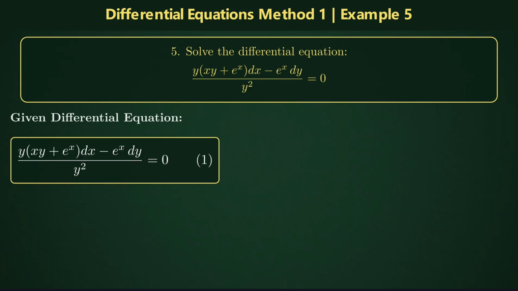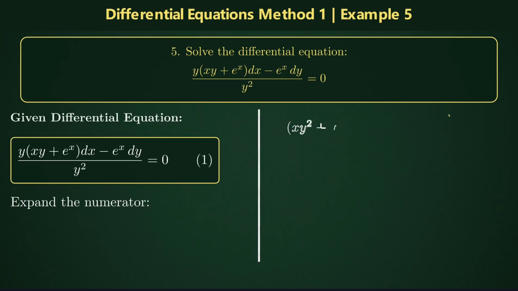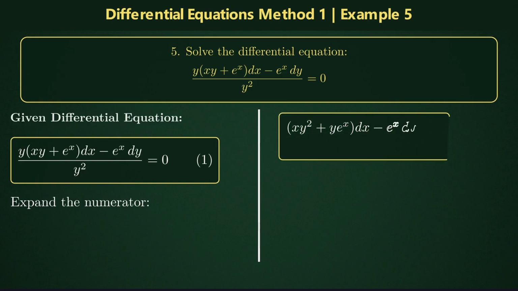Let's expand the terms in the numerator first. This gives the fraction xy squared plus y e to the x, dx, minus e to the x dy, all over y squared equals 0. Next, we split this fraction into two separate terms.